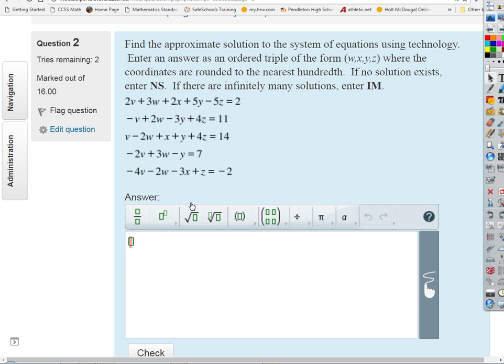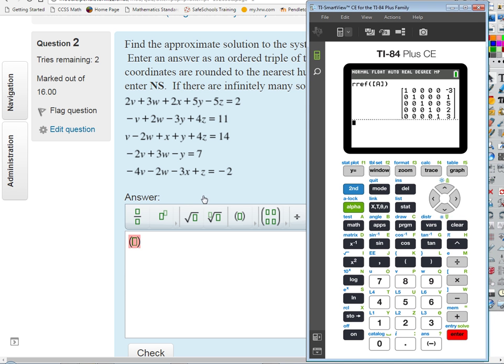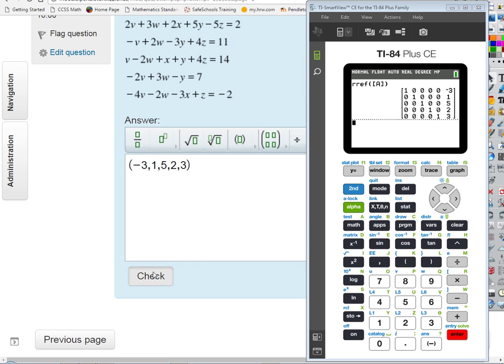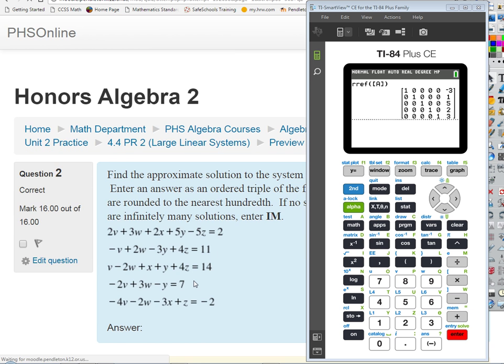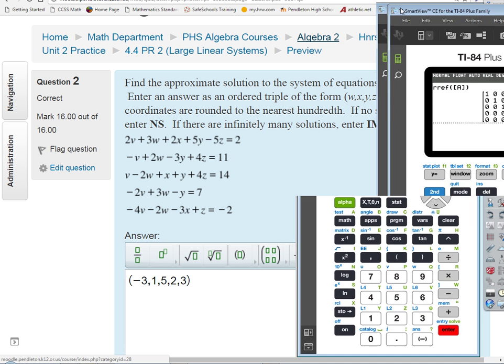So it should be an ordered quintuple of the form v, w, x, y, z. I'll fix that. So then we'll put it in as -3, comma 1, comma 5, comma 2, comma 3. Okay, there it is. And that is, trust me, a really slick little trick, because otherwise that problem would have taken a while to do.